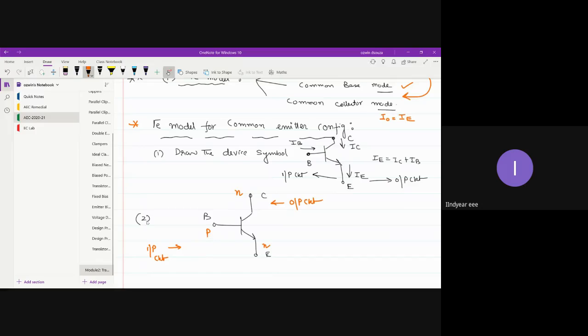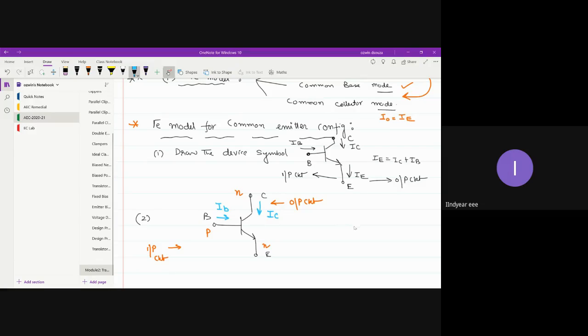Let us collect a few signals, such as the output current IC, and let us also collect some signals on the input side, such as the base current IB.